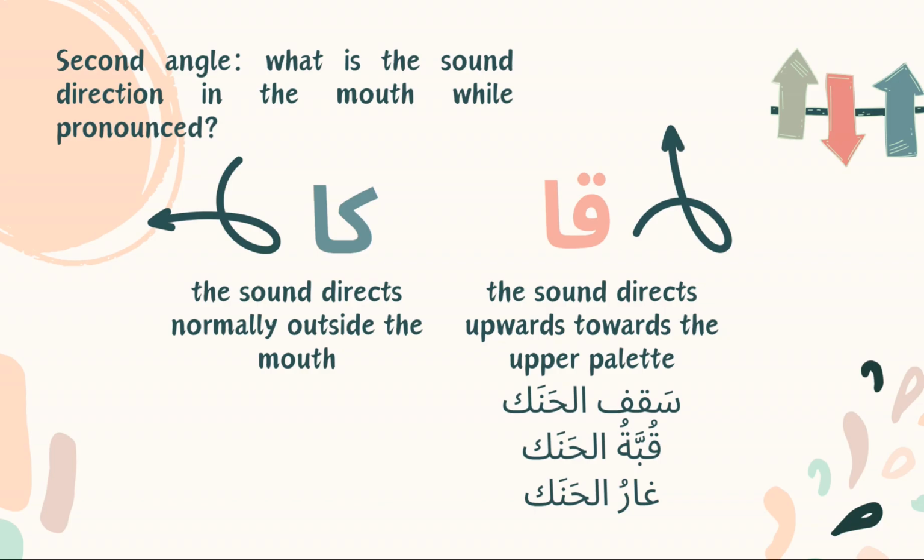And this is aqsal lisan, the furthermost tongue part. And when I say furthermost, this means the part of the tongue furthest from the outer lips. Now, when we move from the lips inside the mouth, we will meet the letter kaf first, and then we will meet the letter qaf afterwards. So the kaf is closer to the lips than the qaf.